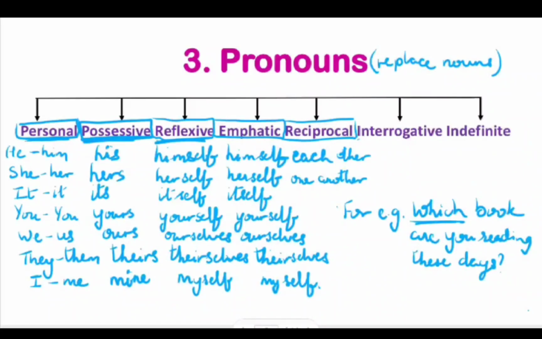But see, a noun lies right next to the interrogative word. So whenever a word lies right next to the noun, what is it? It is an interrogative adjective. Anything lying next to the noun becomes an adjective.